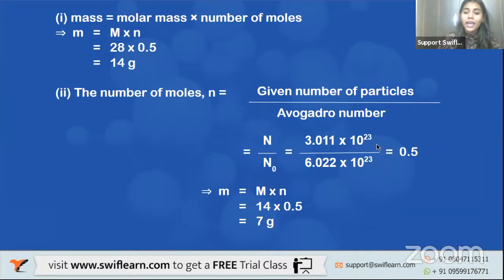So you take the given number of particles, that is 3.011 into 10 raised to 23, divided by the Avogadro's number. We already know the Avogadro's number is 6.022 into 10 raised to 23. When you divide, you will get 0.5. How will you get? Just cancel these two, and then simplify it. You will get 0.5. Clear?